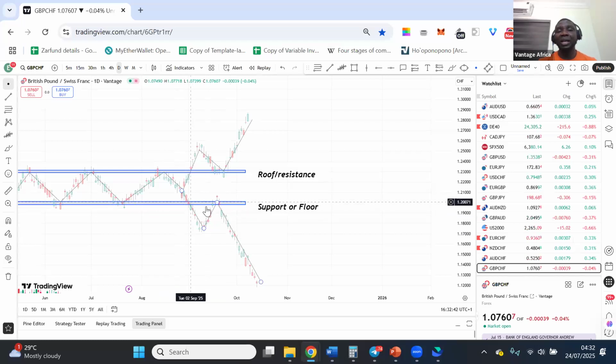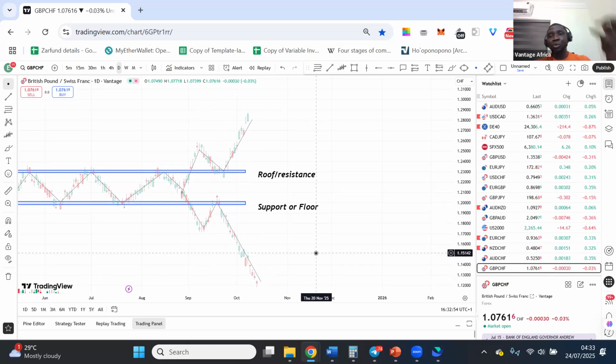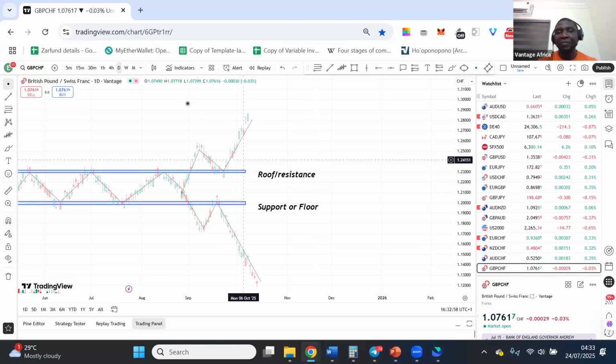When it breaks down to the downside, that tells you there's an opportunity for a sell, a massive sell coming. So you will be setting yourself up for a sell, which means you are going to capture a sizable move to the sell side. If it breaks out from the top, you know that you are looking to buy, because you're going to capture a sizable, massive move up. So you don't just localize yourself here.